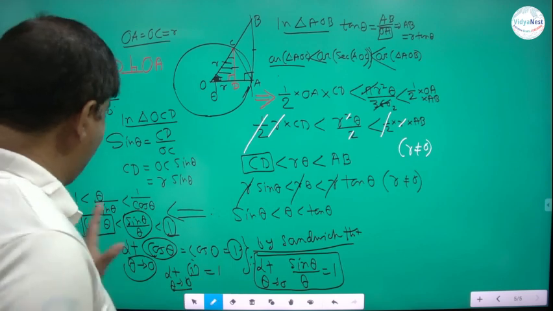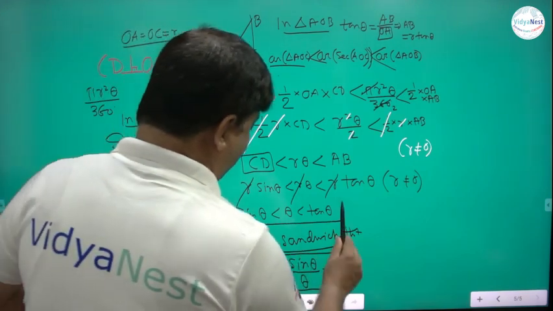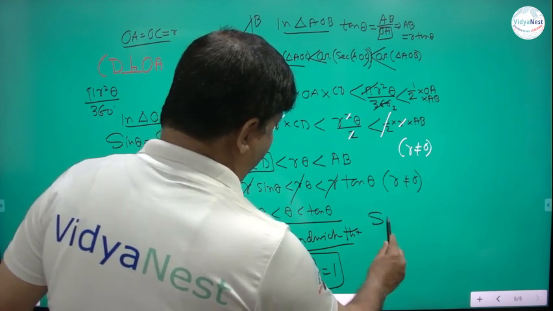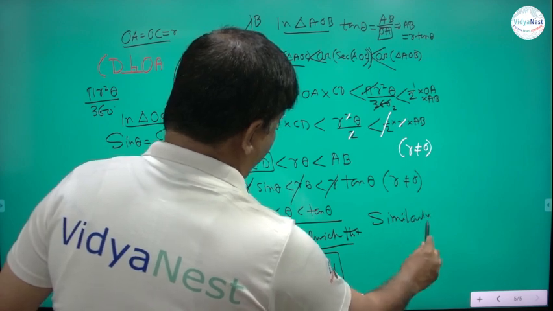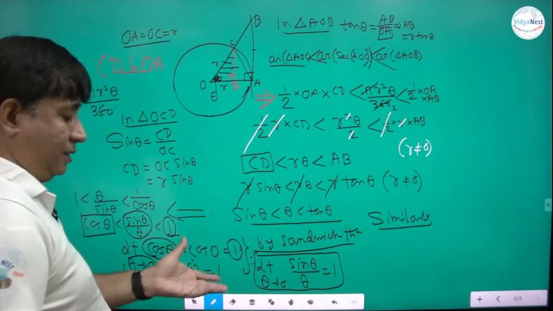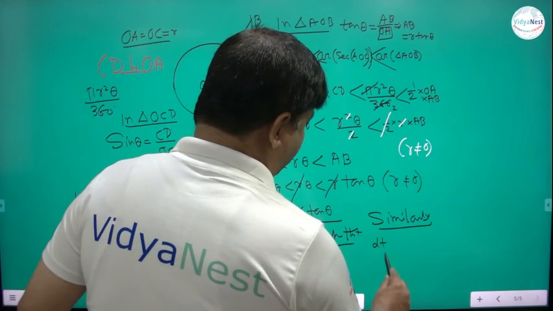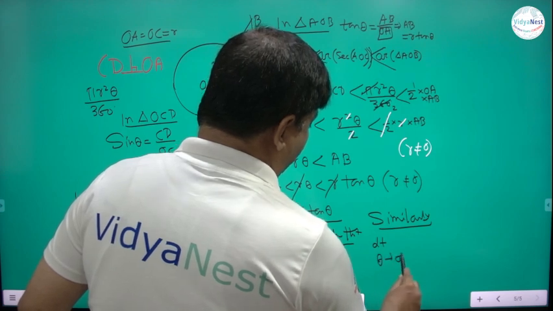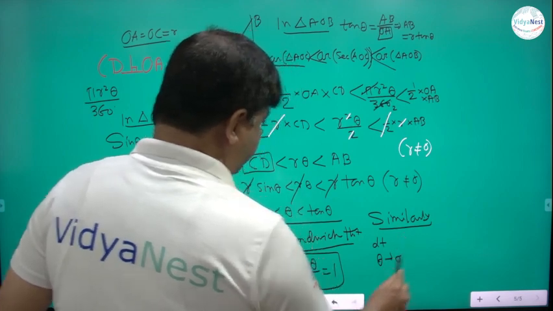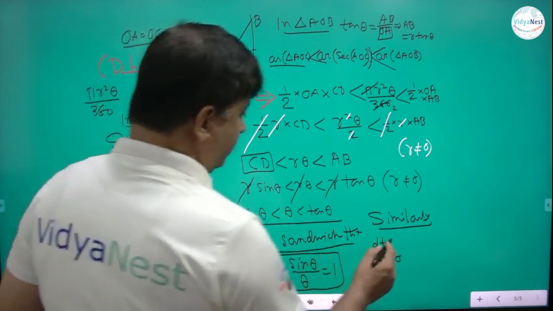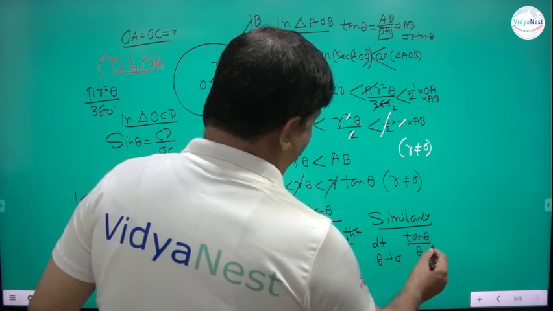So in the same manner, from that inequality, I can write similarly, no need to prove, that next property, that is limit theta tends to 0, tan theta by theta is equal to 1.